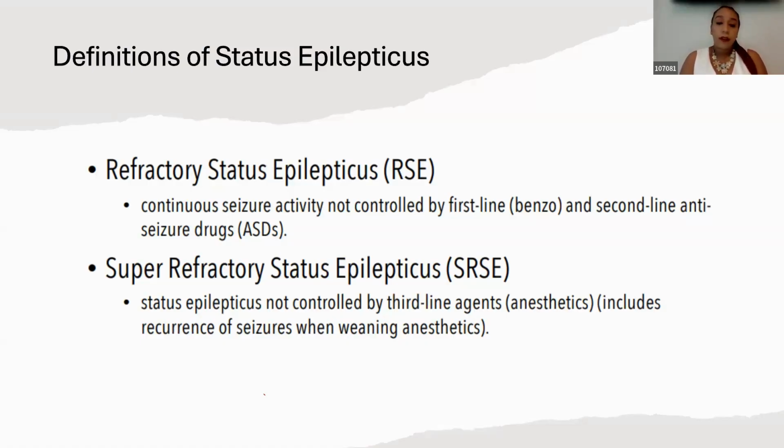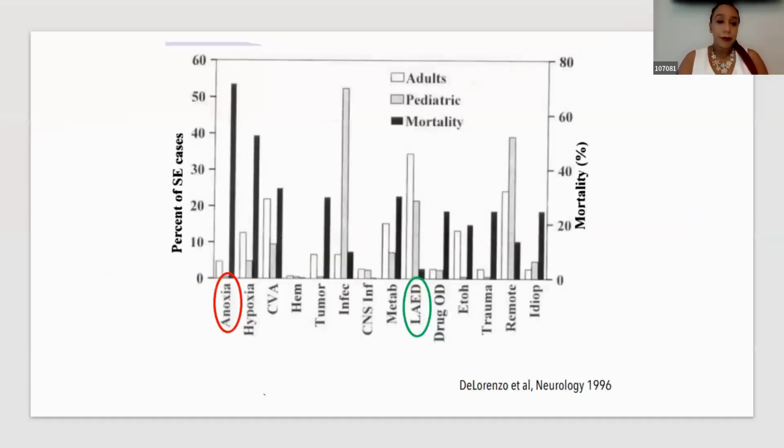Supra-refractory status epilepticus is status not controlled even by third-line agents. These patients continue to seize despite medications like propofol, Versed, and even ketamine.